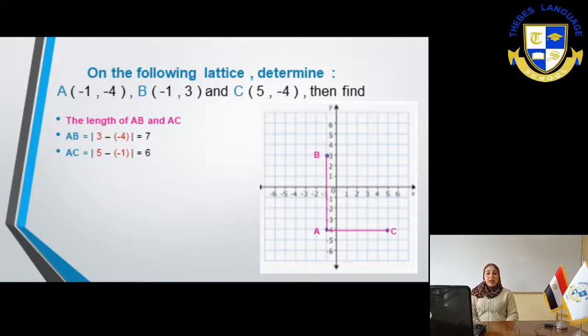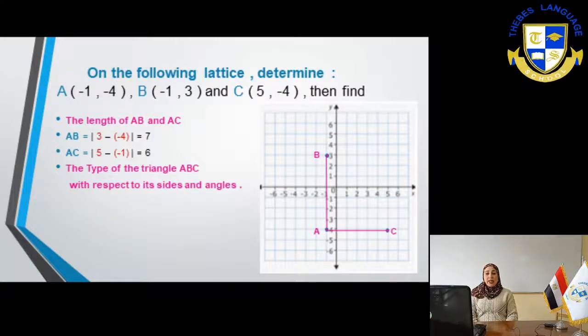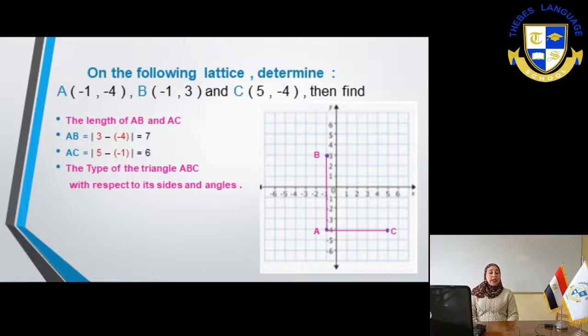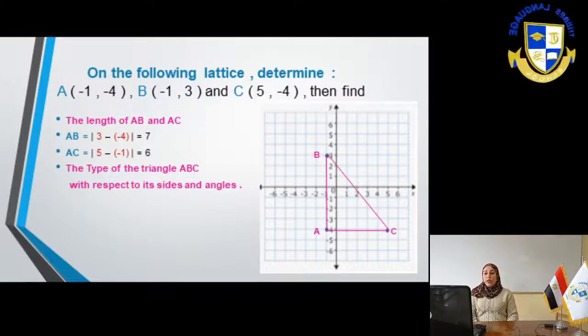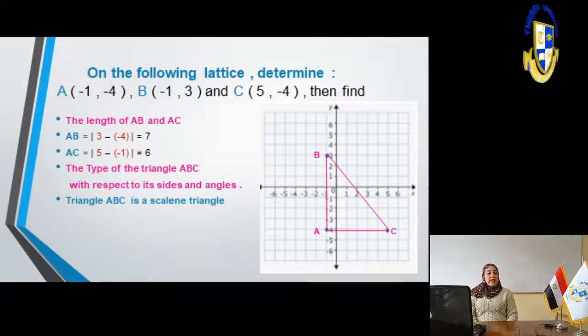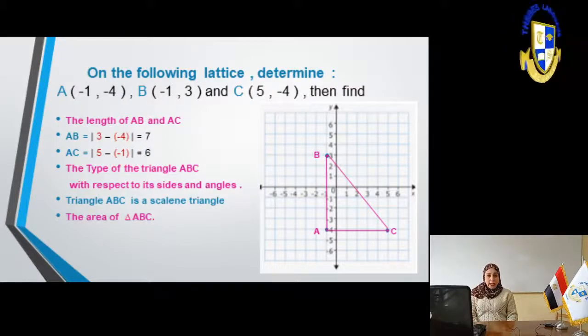Now he is asking me to find the type of the triangle ABC with respect to its sides and angles. I'll join the last line, so it will be this triangle. Now, I know the length of AB is 7 and the length of AC is 6, and of course BC looks greater than them, so this triangle is a scalene triangle.